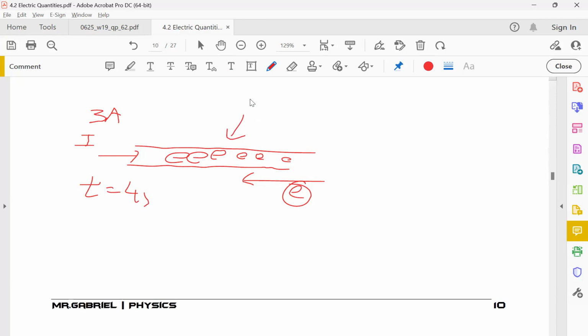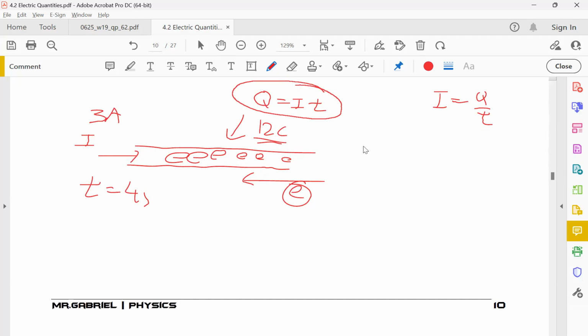Of course, the general formula is Q equals IT. Your school may teach you something else, but it's the same thing, just algebra. Then I know that in this wire, there will be 12 coulombs of charge flowing. This is the first general formula: charge is equal to current times time. The amount of current and the amount of time that flows in the wire will dictate how much charge is flowing in the wire.